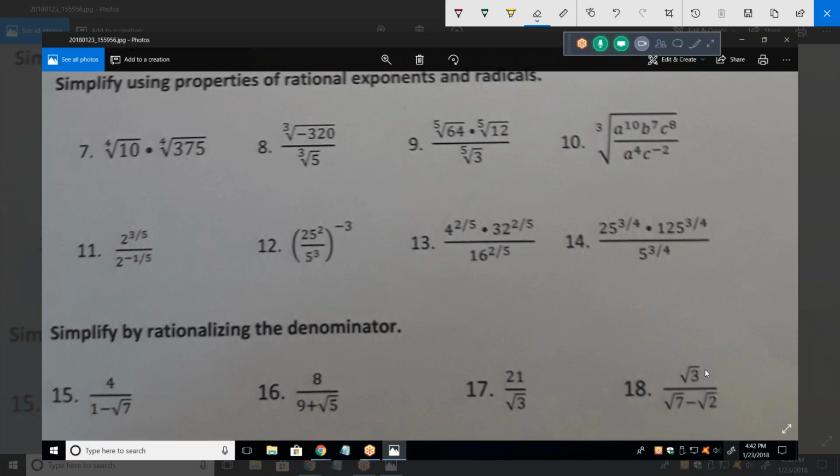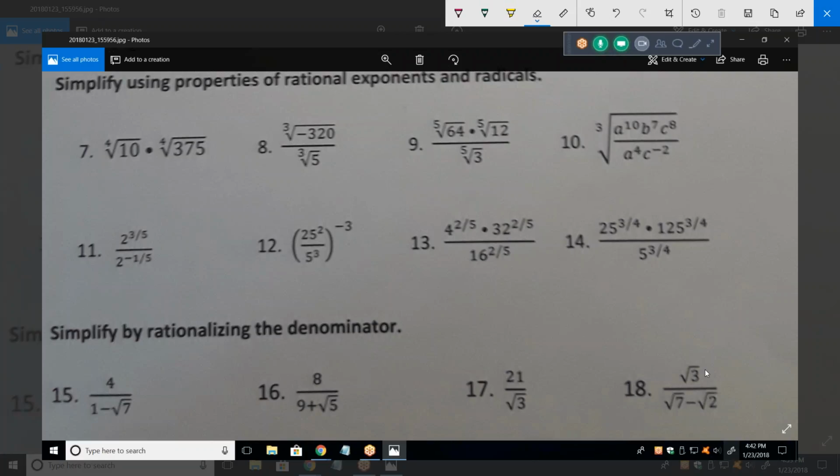Right. So could you distribute the squared, or the 5 to the third, to make it 25 squared? Well, except it's not. 5 cubed is not 25 squared. However, you're on the right track. And the reason you can't do it is because it's an odd exponent. If it was 5 to the 4th, yeah, that would be 25 squared.